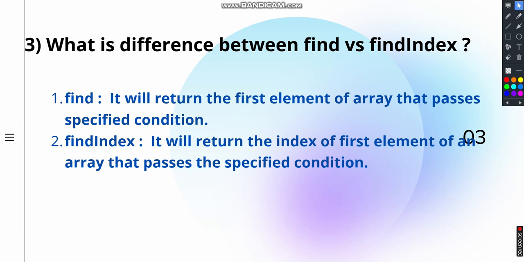So if you're trying to find an element in an array, it is going to give you the first element that satisfies this condition. But with findIndex you will get the index of that element. It returns the index of the first element of an array that passes a specified condition. So find will give you the element, findIndex will give you the index of that element, and it is the first element, that you have to keep in mind.